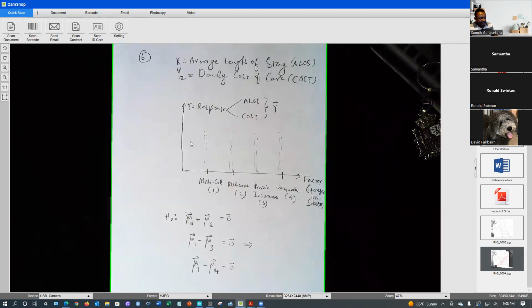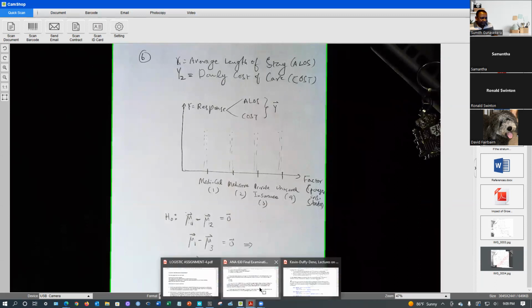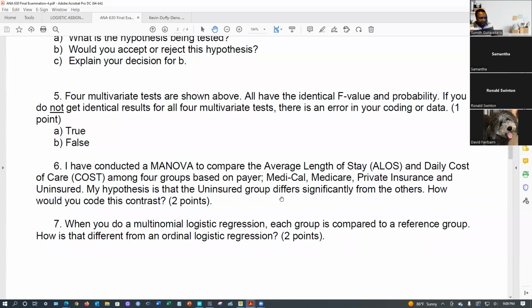The Y vector takes care of the two variables, loss and cost. I'm interested in the mu vector: mu1 minus mu2 equals 0, no difference. Does the uninsured group differ significantly from the others or not?